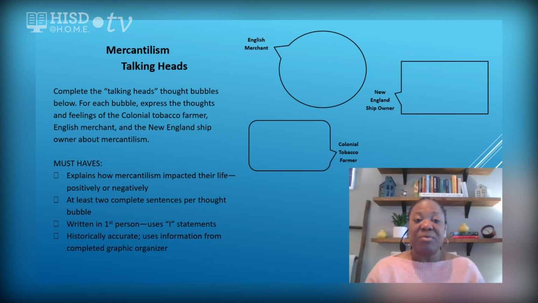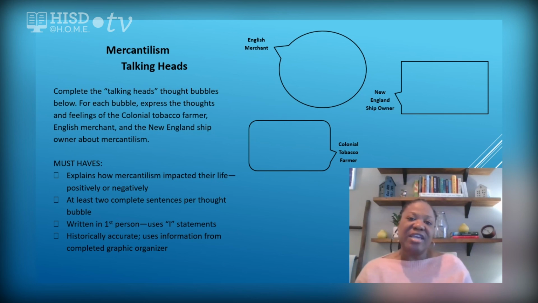For each bubble, express the thoughts and feelings of the colonial tobacco farmer, the English merchant, and the New England ship owner about mercantilism. So you're going to put yourself in the position of each of them, and I want you to come up with some phrases that you think they would say.